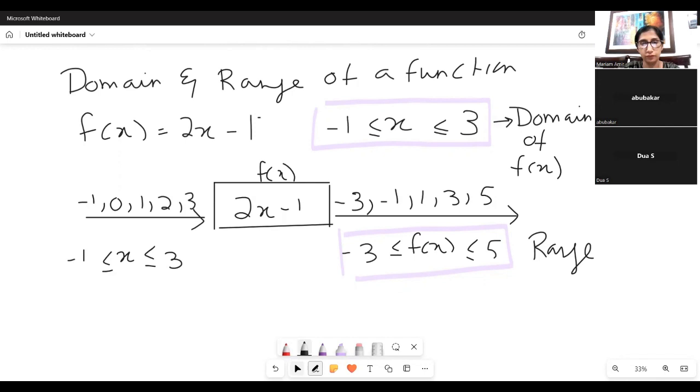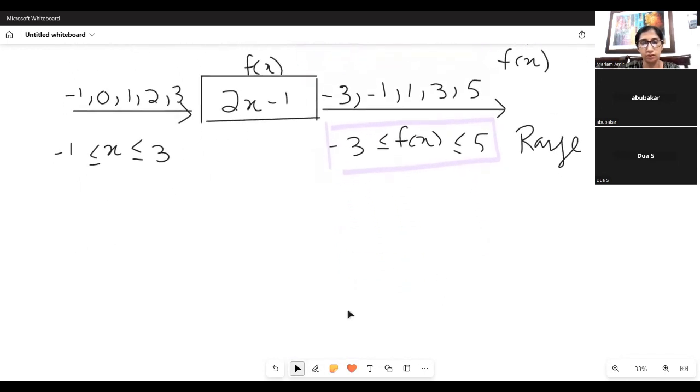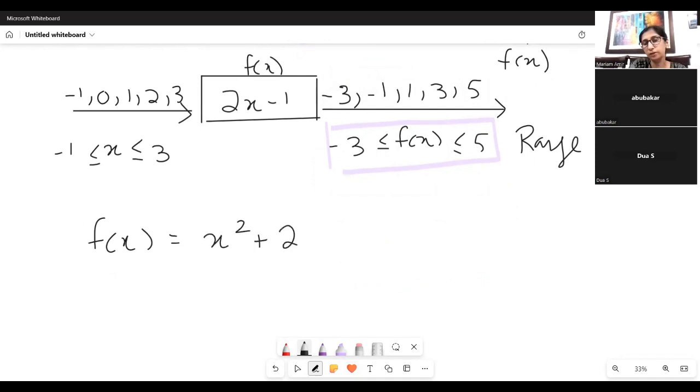What if f(x) is x square plus 2, where the domain is all the real values of x? Give me an example of all real values of x. 1, 2, 3.